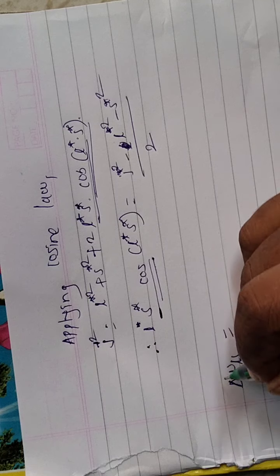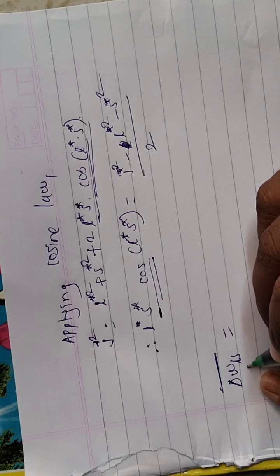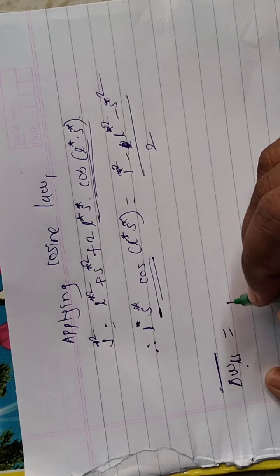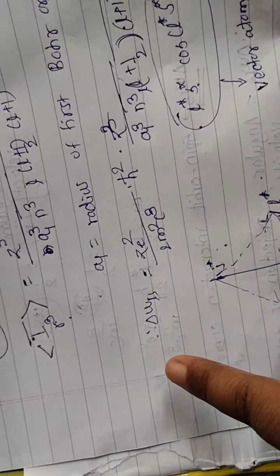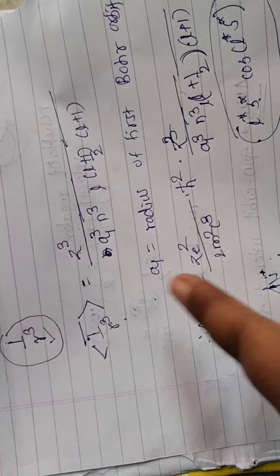It is equal to the average value of this spin orbit interaction, because we are taking the average value of this. Okay, only this.